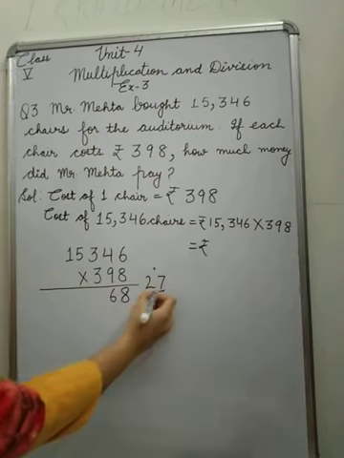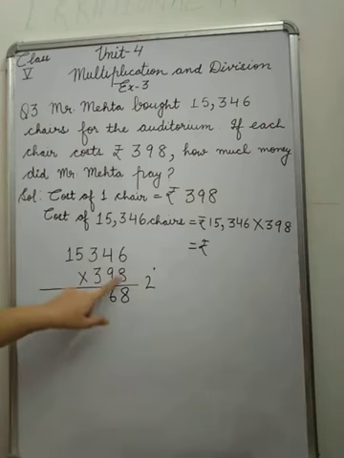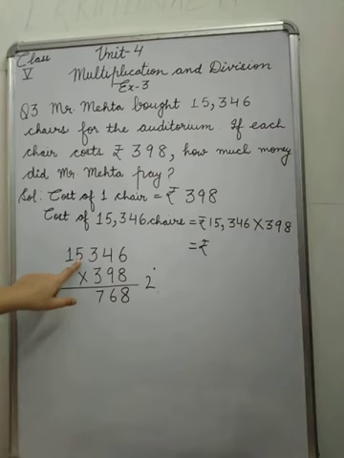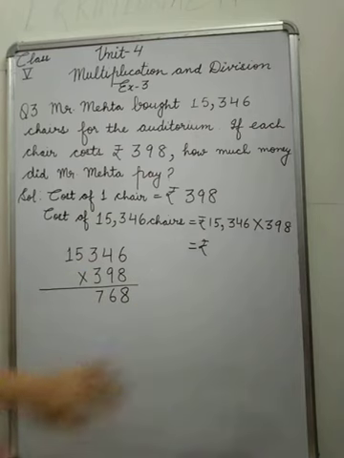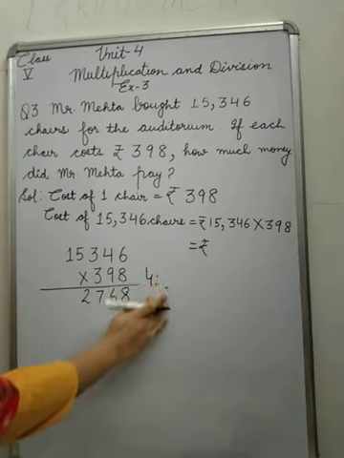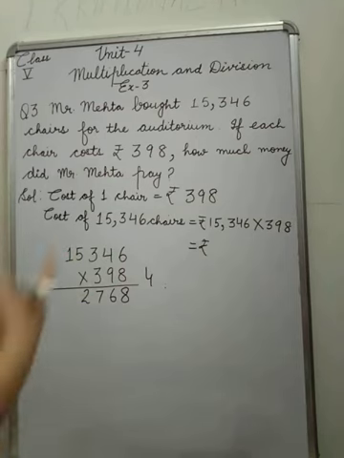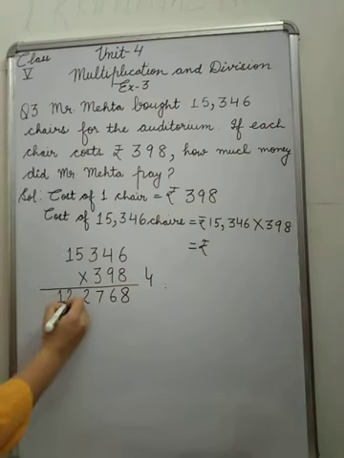So 27, that 7 will come here. 2 is carry. Now see, 8 5s are 40 plus 2, that will be 42. Now 2 will come here. 4 is carry. Now see, 8 1s are 8 plus 4, that will be 12. So write it here, 12.